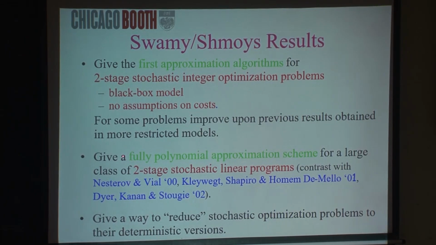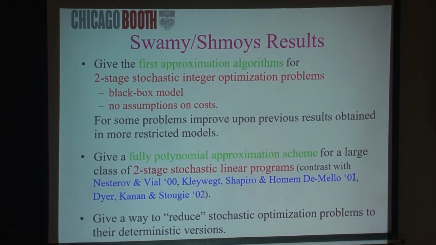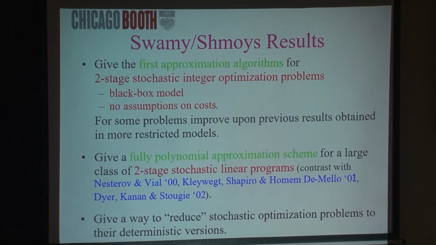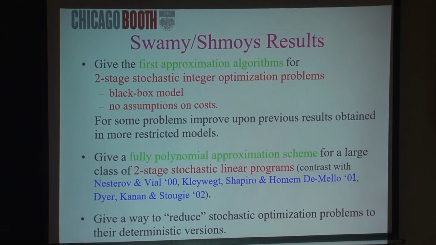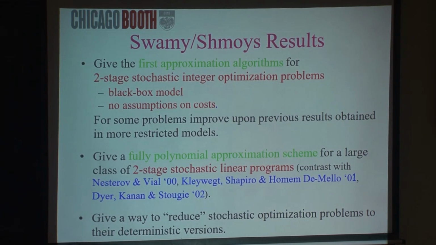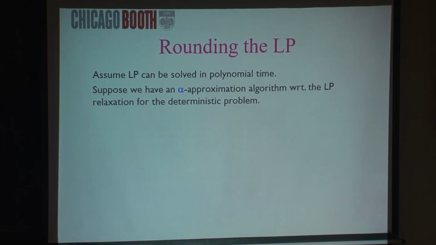So it will give a fully polynomial approximation. It allows for reducing stochastic optimization problems to a deterministic problem that guarantees a given kind of approximation. And so now, I'll show how this works.